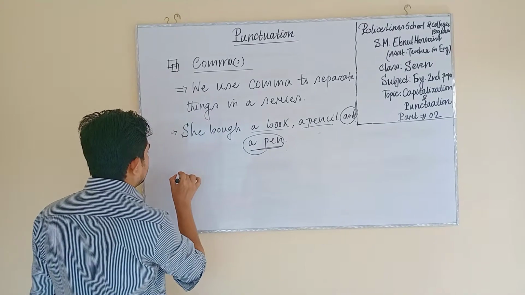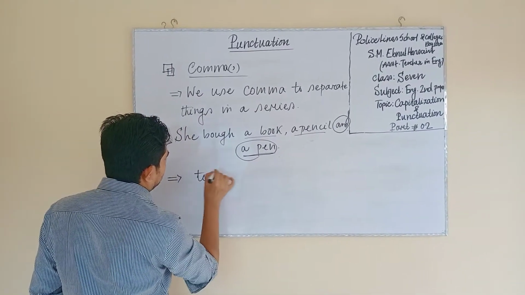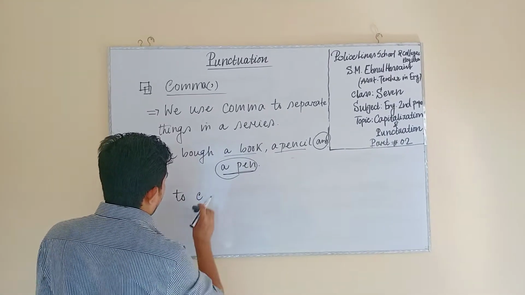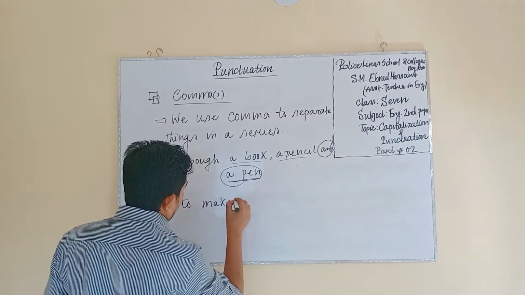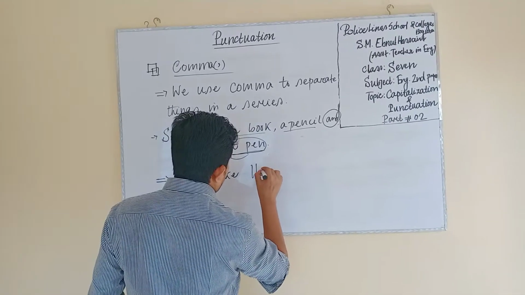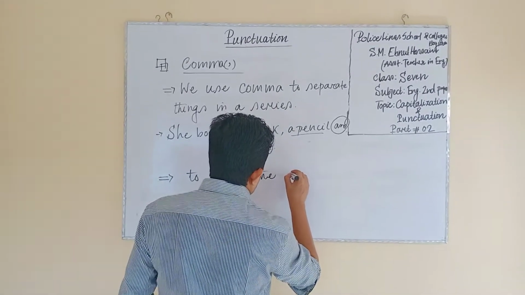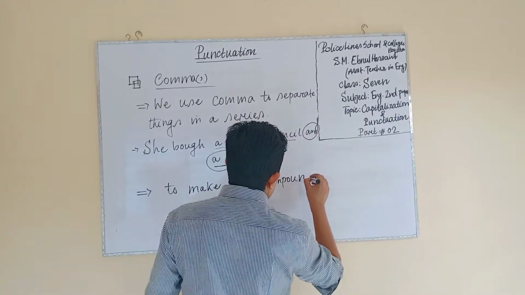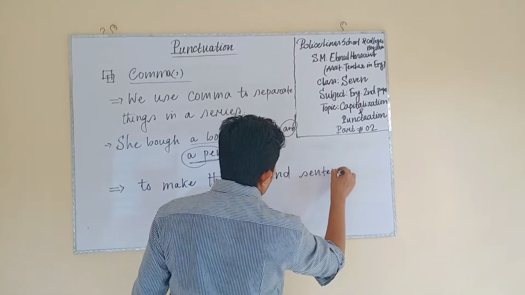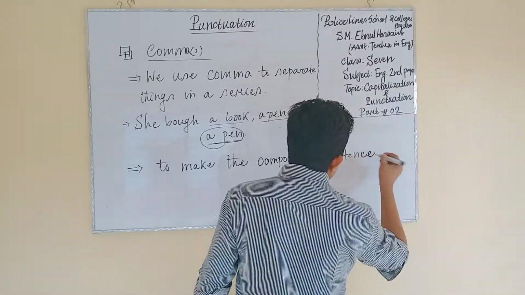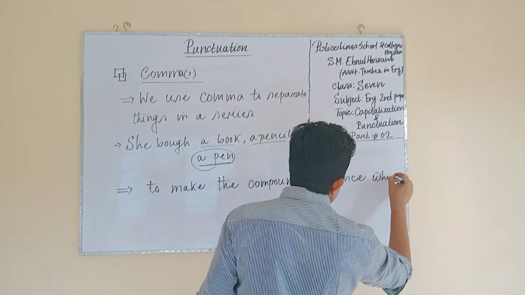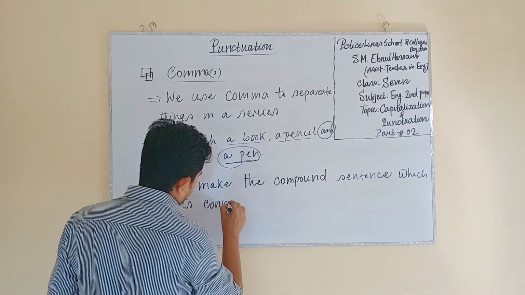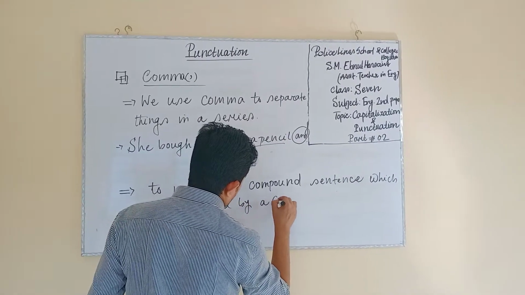Another use of comma is to make a compound sentence which is connected by a conjunction.